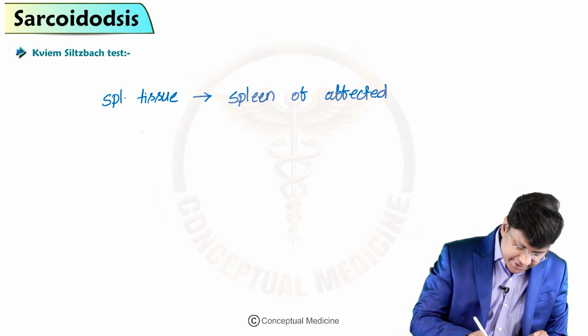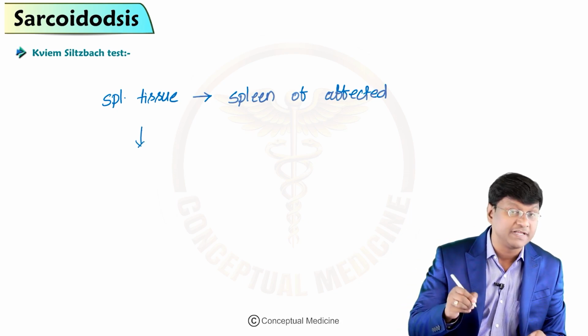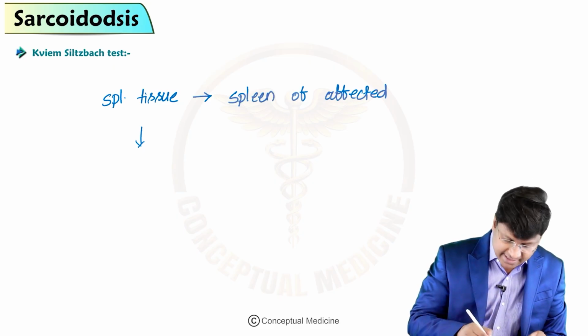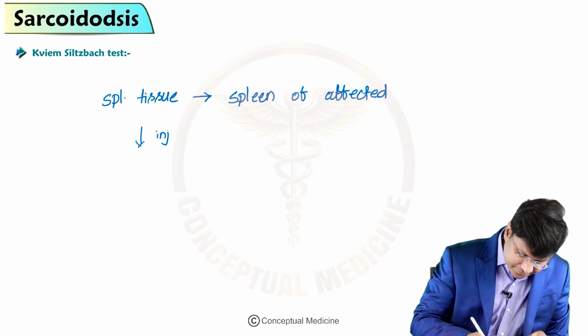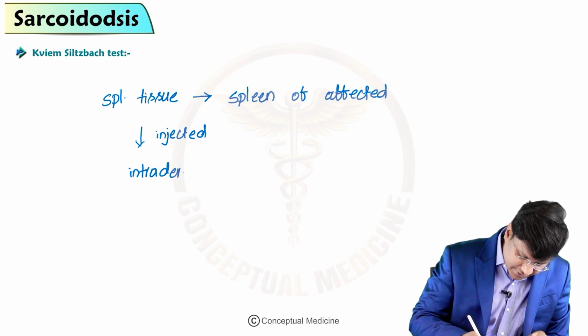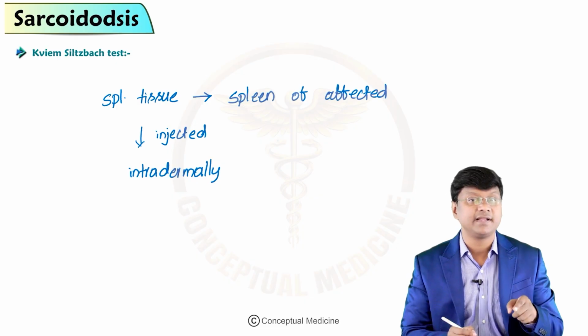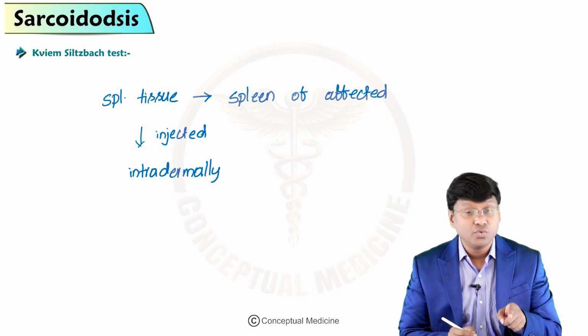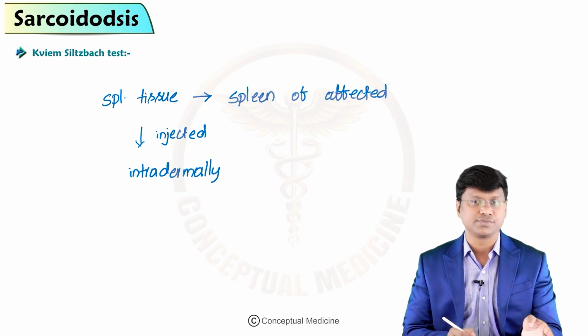This tissue extracted from the spleen of the affected sarcoidosis patient has to be injected intradermally, that is, into the skin. It is injected intradermally into the skin of the patient in whom you are suspecting sarcoidosis.